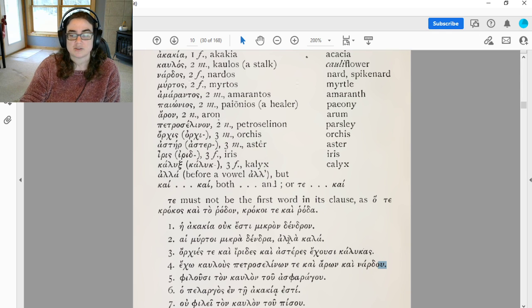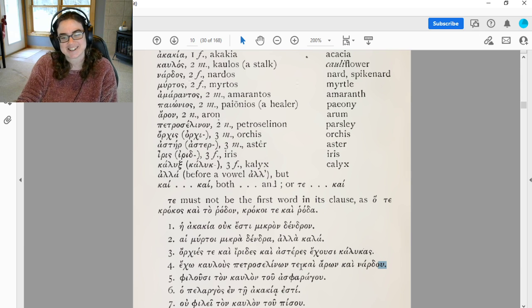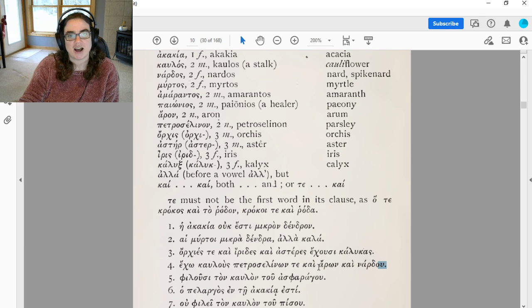So that means you use the preposition of, generally speaking. We're going to simplify it because it's section 3. And so I have stocks of parsleys, as the Greek would literally say, and irons, ara, however you translate the plural of that in English, and nard, spikenard, which apparently doesn't have a plural in Greek.